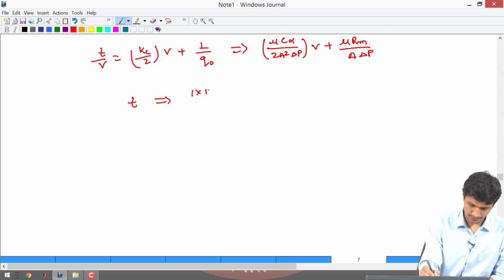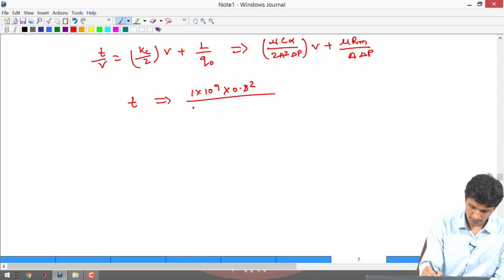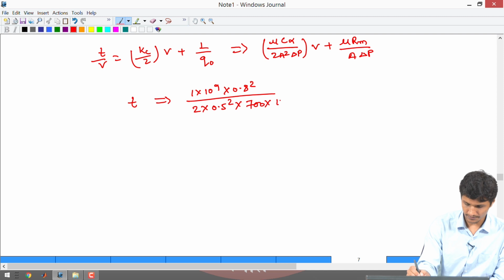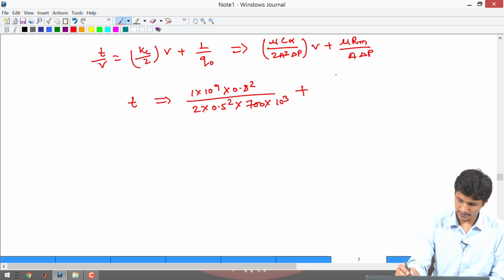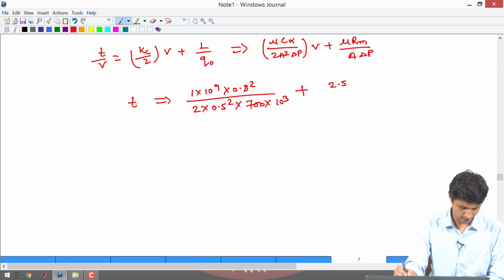1 into 10 power 9 into 0.8 square, divided by 2 into 0.5 square into 700 into 10 power 3, plus 2.5 into 10 raised to 7 into 0.8 divided by 700 into 10 raised to 3.